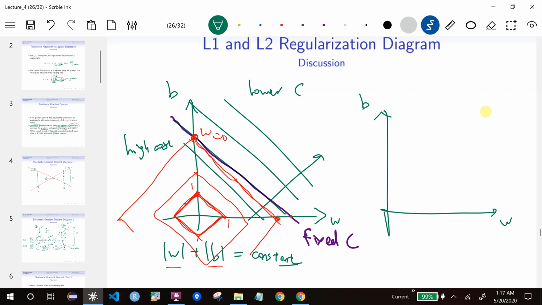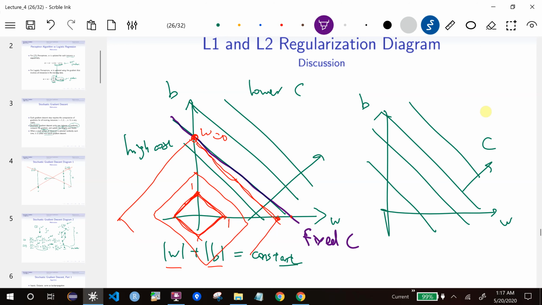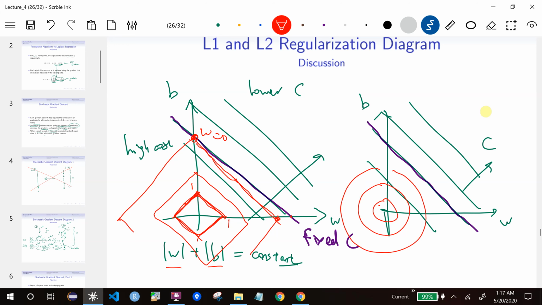And if we look at W and B, and maybe the same cost structure going lower that way, and if we think about fixing our cost level here, and we have a constant level of B squared plus W squared, which are circles, we usually hit here.